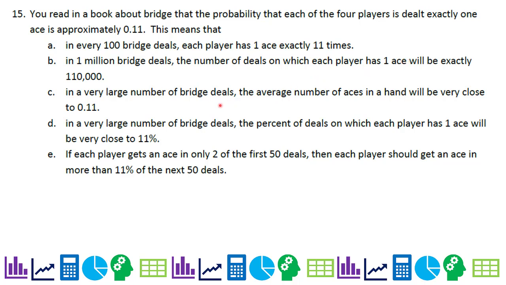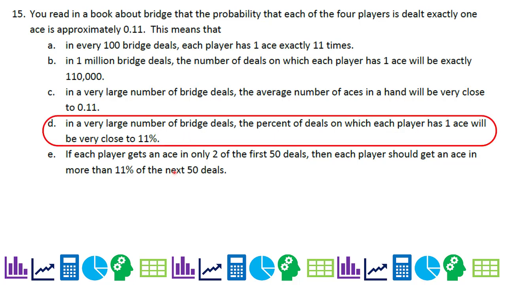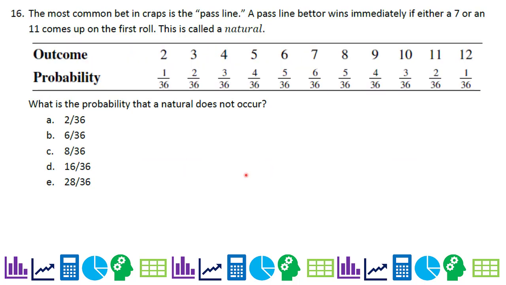C looks good. But this says the average number of aces, and that's not what we set up there. Okay, this is a good start. Very large number of bridge deals. Has 1 ace. Aha, this looks more right. So it is D. Gets an ace in only 2 of the first 50? I don't know. All right, so there you go.